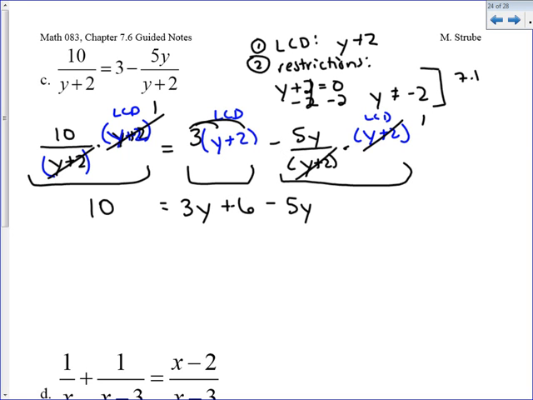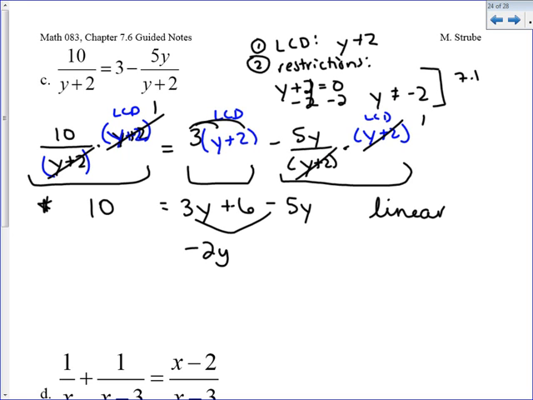So what type of equation is this? This is what we're solving now. No fractions. Linear. Doesn't have a y squared. Just got y to the first power. What's the first step to solve this one? Combine like terms. The y's are on the same side, so they go together.